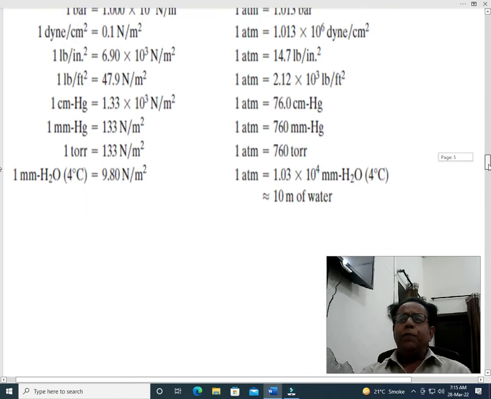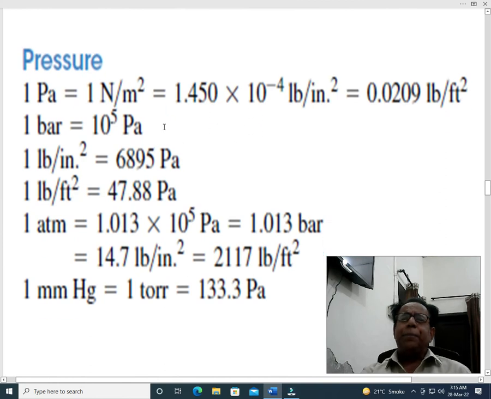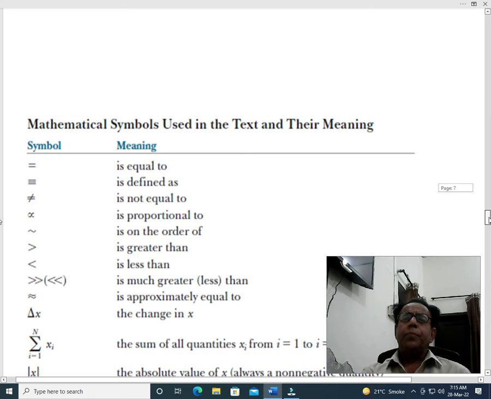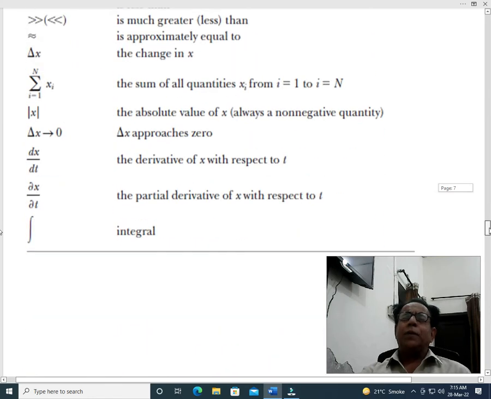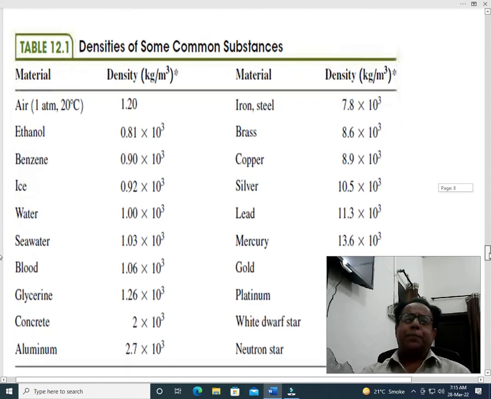Now we see the other value. This table again is about this similar situation in a slightly different manner or mode. This table is also relevant to some extent. This is the table of densities in which at left column at serial number 5 density of water is given as 1.00 into 10 raised to the power 3 kilogram per meter cube.